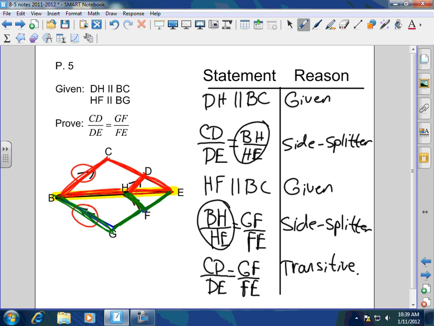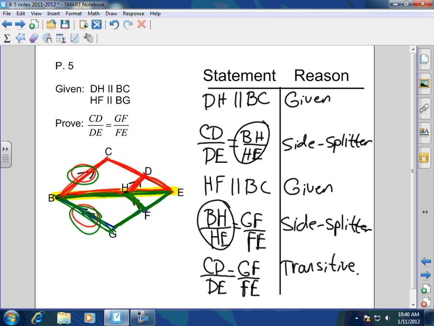GF and FE and BH and HE. So CB and BG could be figured out and calculated later on once you proved that triangle BCE is similar to BGE. But in this case, we didn't have to prove that. We were just looking for this guy right here. Does that make sense, son?